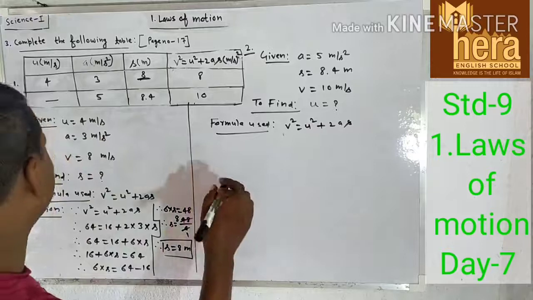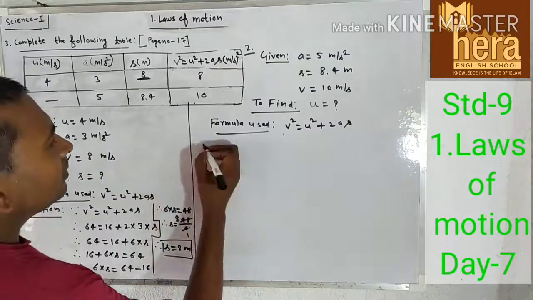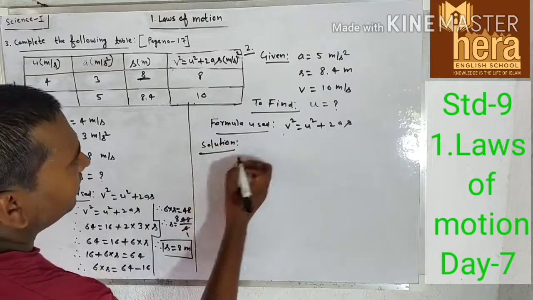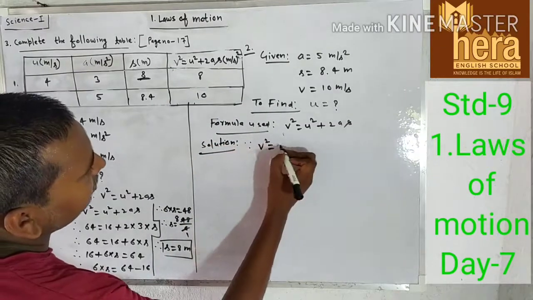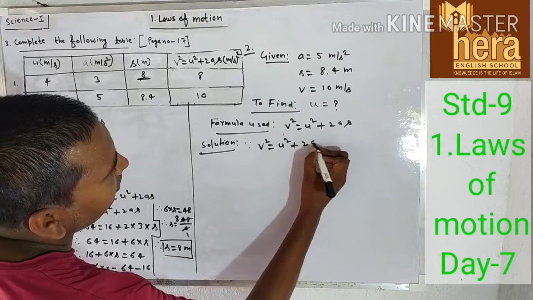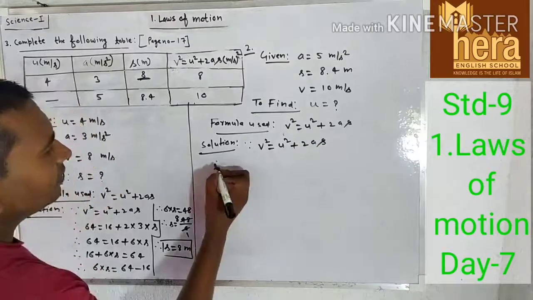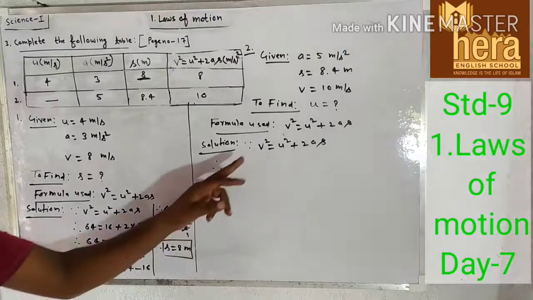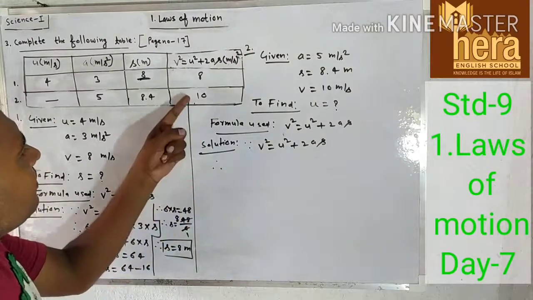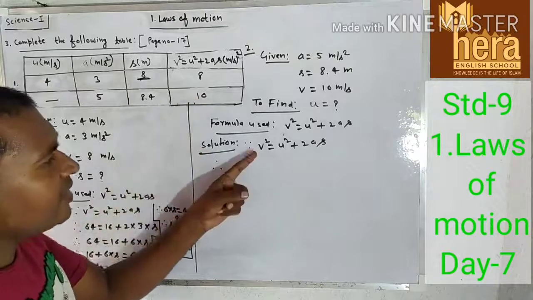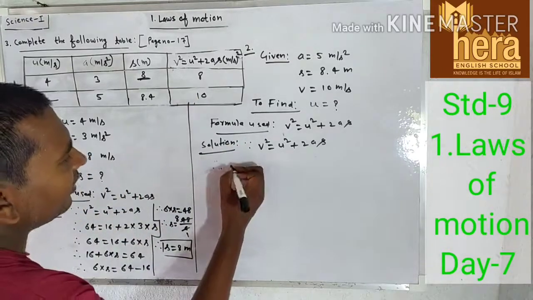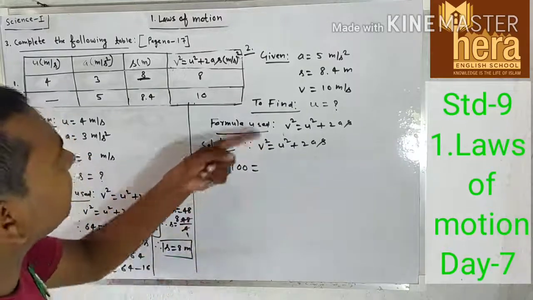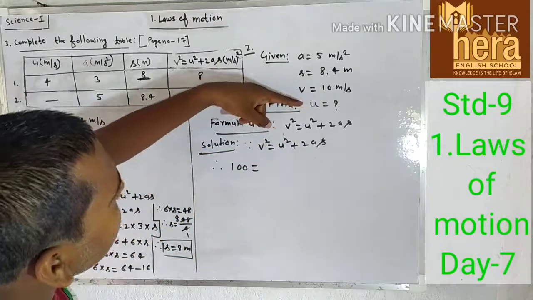Then solution. Since V square is equal to U square plus 2AS, therefore V square, that is V is equal to 10 is given. V square, that is 10 10s are 100, is equal to U square. U is equal to how much? U is equal to question mark.